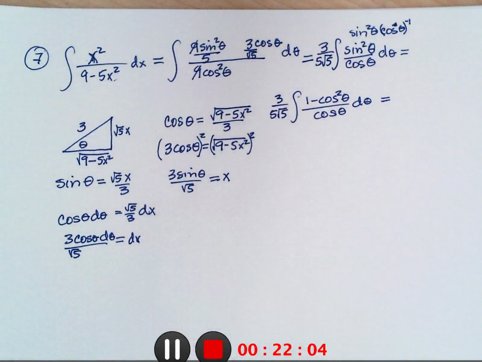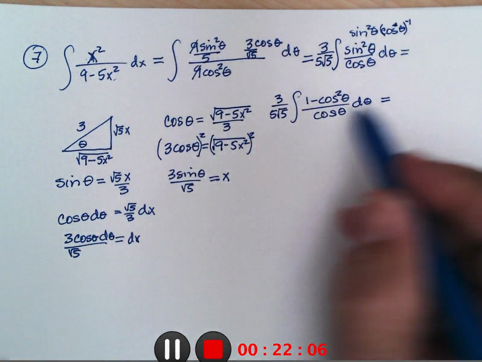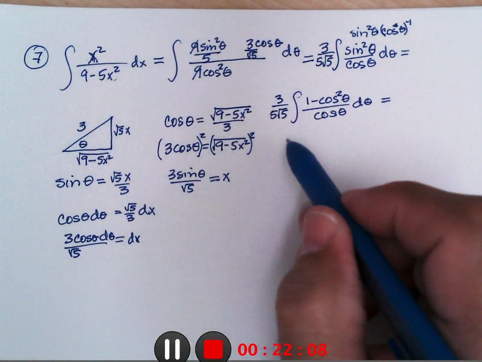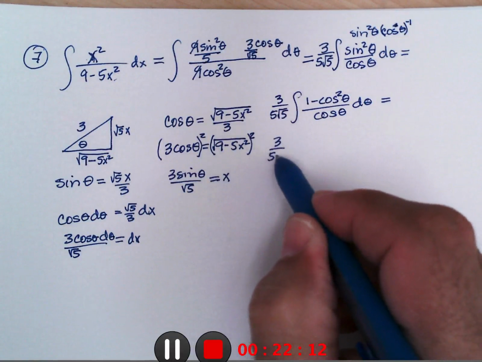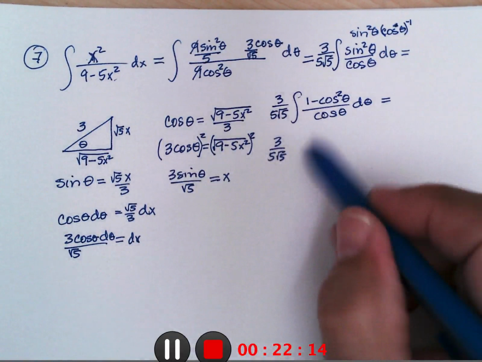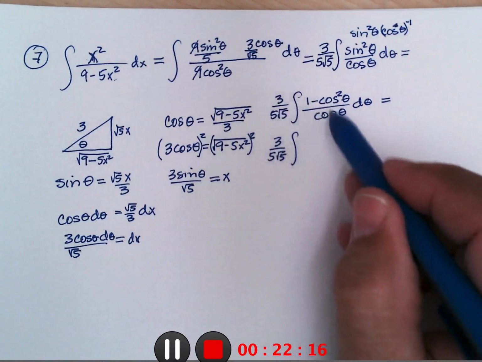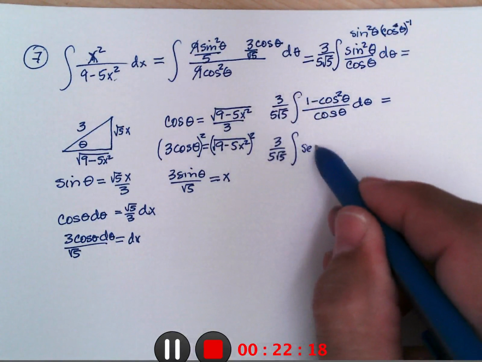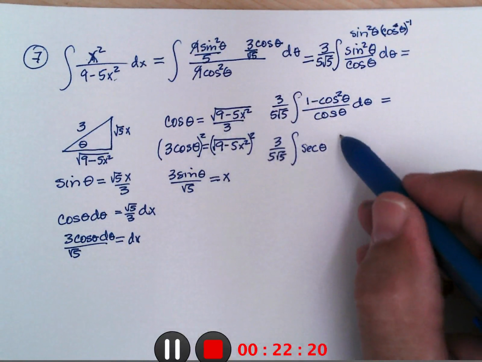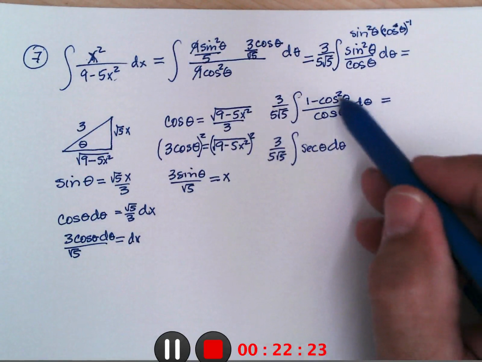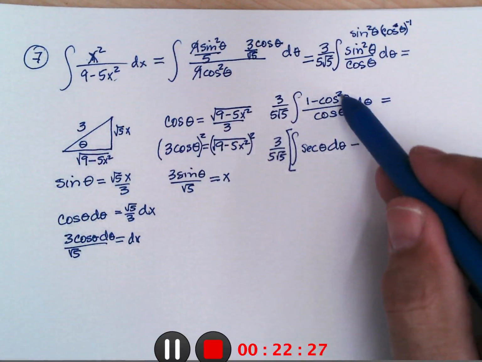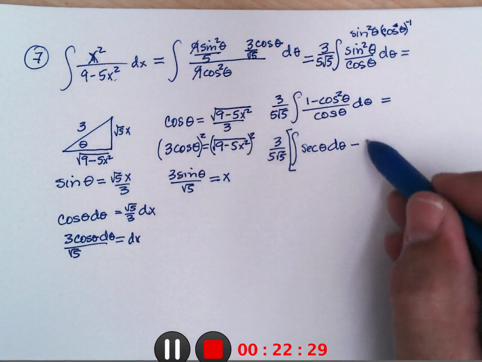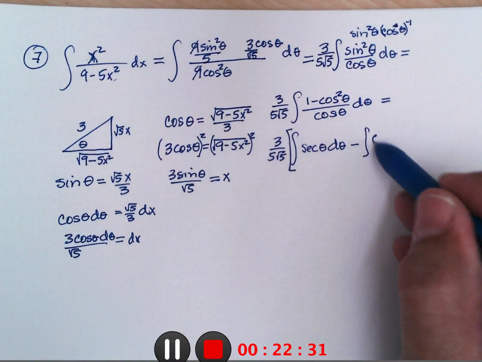I'm going to do this here, and it'll give me the same thing, and it'll be a little bit simpler. 3 over 5 square root of 5, antiderivative of 1 over cosine, which is secant theta. And then I'm going to have minus, cosine squared over cosine, which just is the integral of cosine theta.